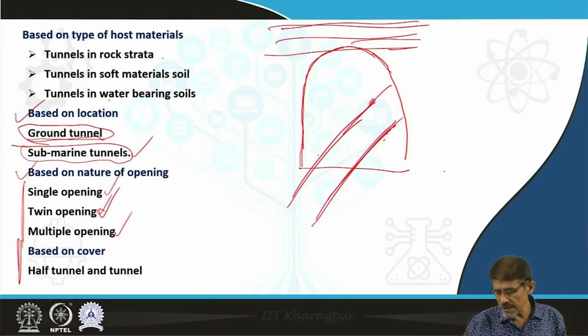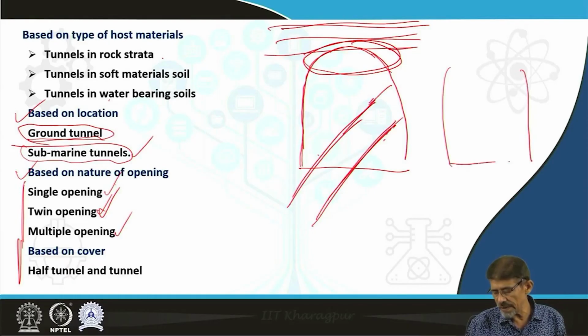In some cases, the upper roof part is not present, then we recognize it as a half tunnel. If the extension or height of this type of structure is less, then we recognize it as a trench. A trench does not belong to the category of tunnels.